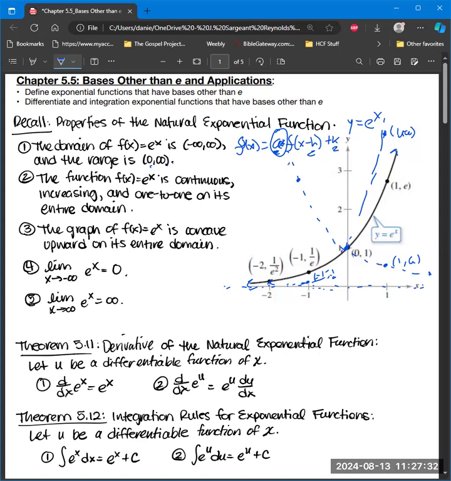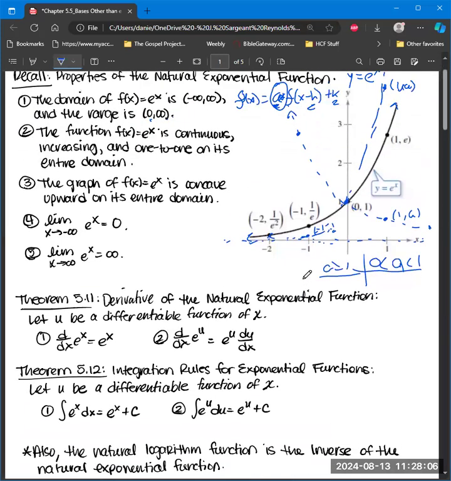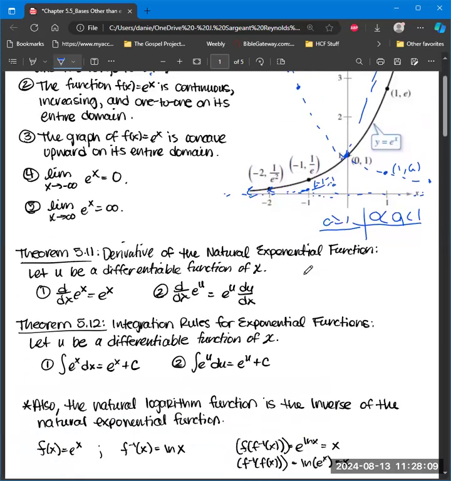I know that looks kind of strange to have it change direction like that, and some of these things would change which side the asymptote is on, but we're going to have different properties coming up for if a is greater than 1 or if a is between 0 and 1. We don't want a to be 0, we don't want it to be 1. But it's okay for a to be between 0 and 1, or for a to be greater than 1. That's kind of all pre-calculus stuff. Hopefully you remember that.